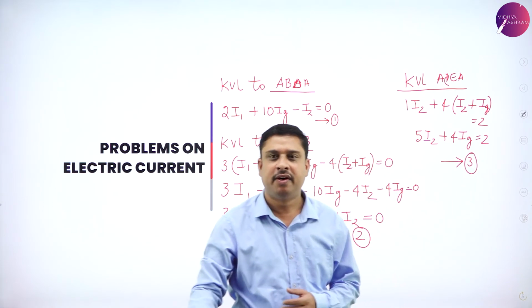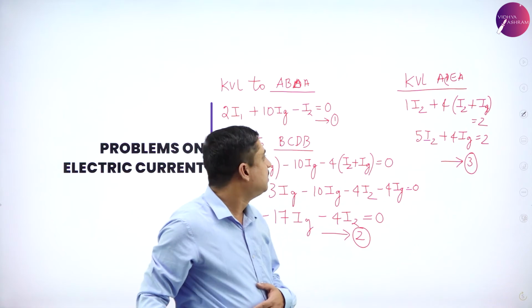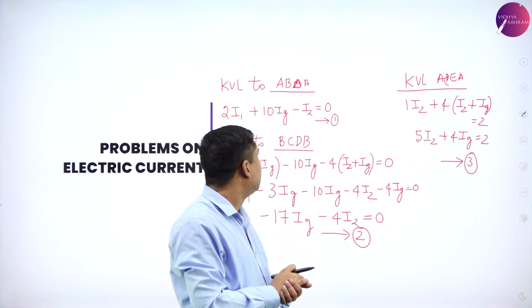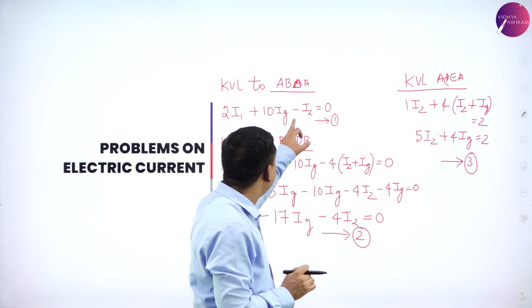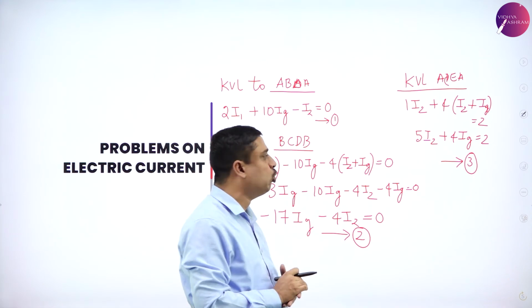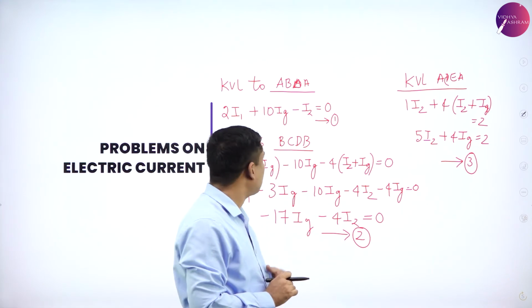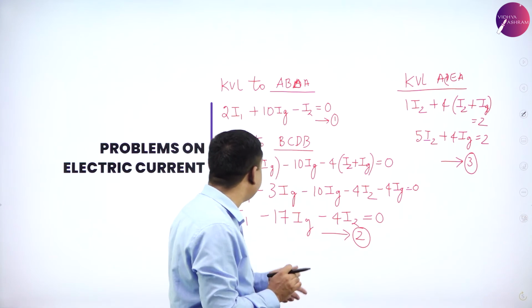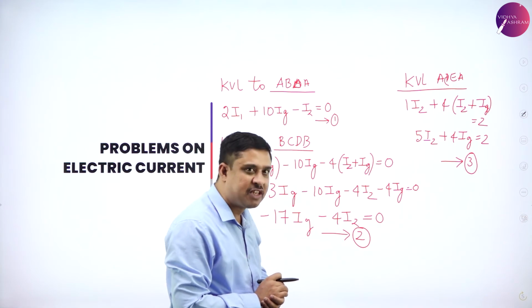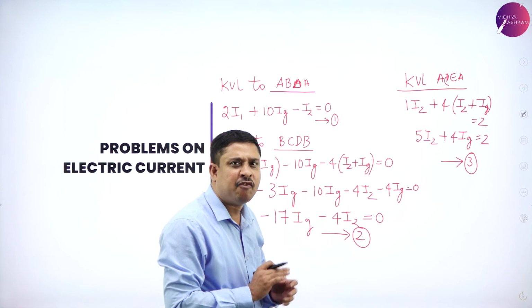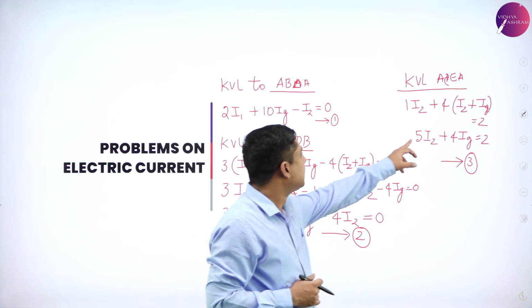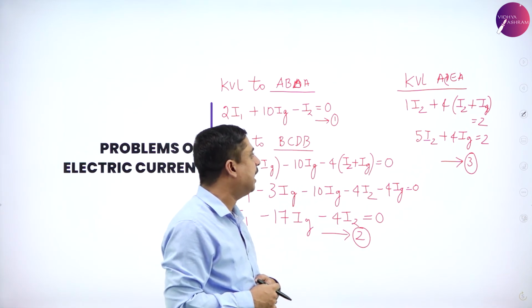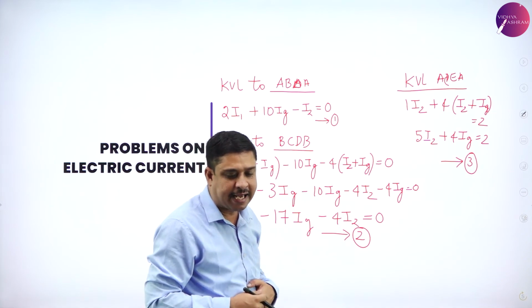Now again I have framed the equations. So solving equation 1 and 2, I get one of the parameters. For suppose I2, substitute for I2 here, you get the value of Ig.